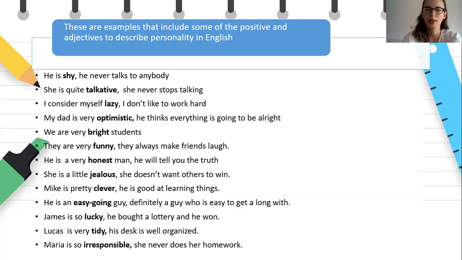He is an easygoing guy. Definitely a guy who is easy to get along with. James is so lucky. He bought a lottery ticket and he won. Lucas is very tidy. His desk is well organized. Maria is so irresponsible. She never does her homework.